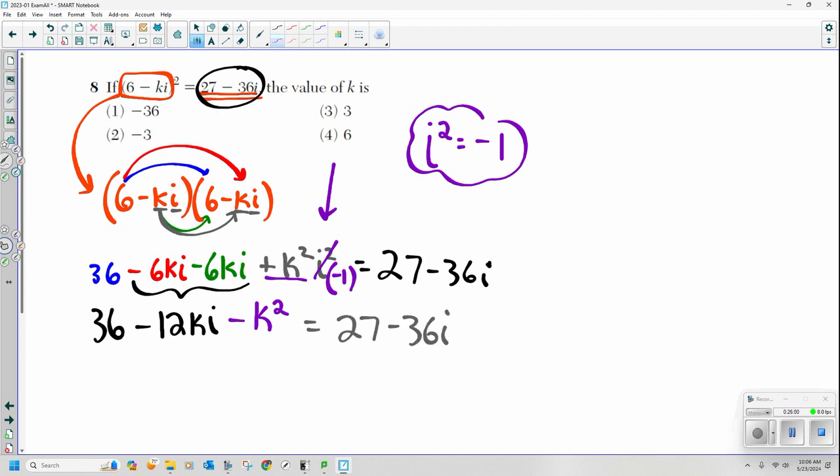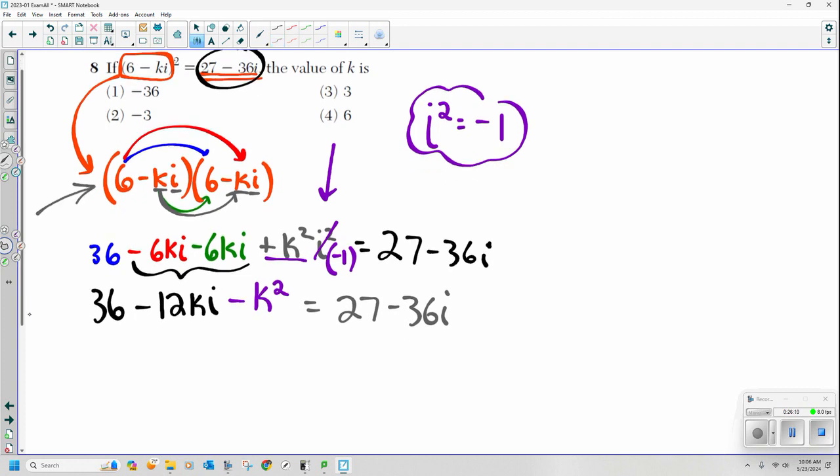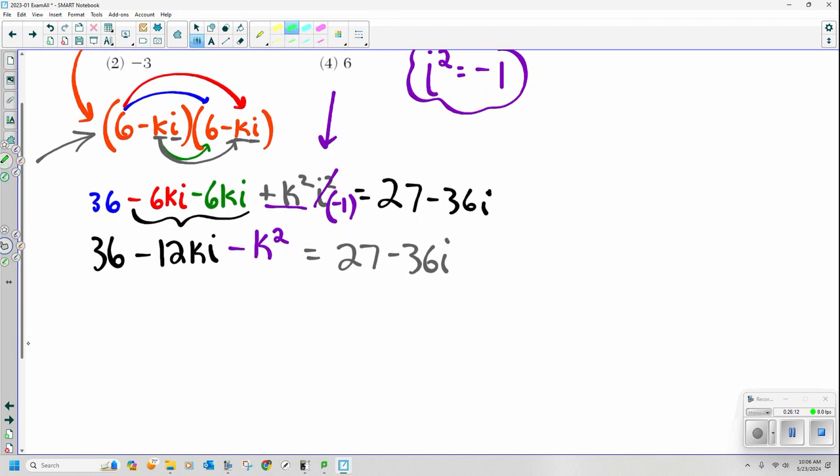So you might be saying to yourself, I still have no clue what's going on. I said it was easy, and here's the easy part. First of all, foiling is easy, but this is the even easier part. On the right side of my equation, I have one term, negative 36i, that has an i. When I look on the left side, I only have one term here that has an i.